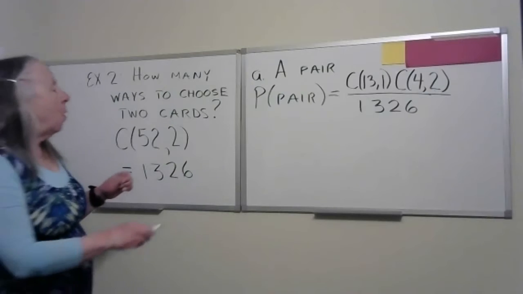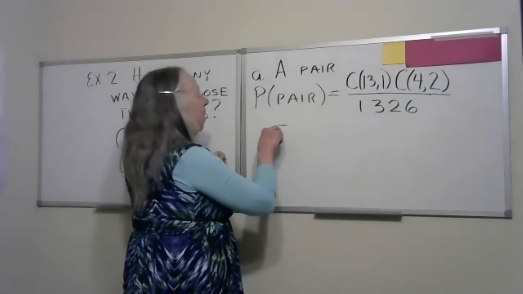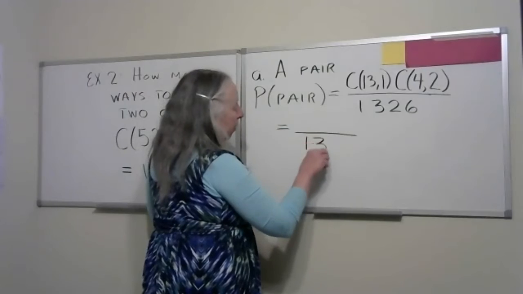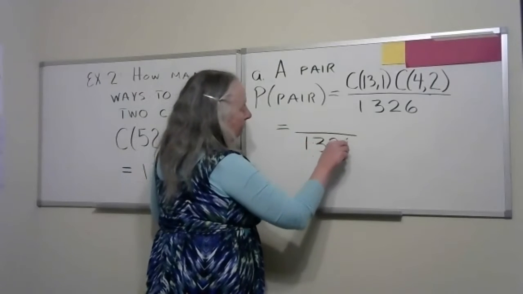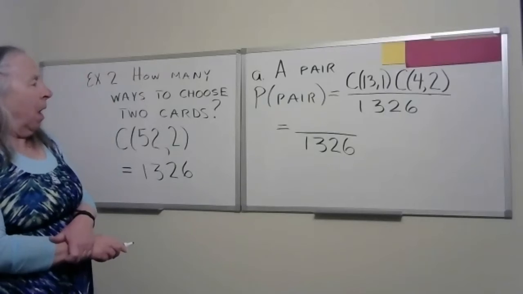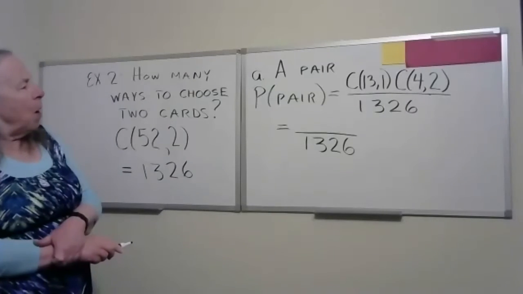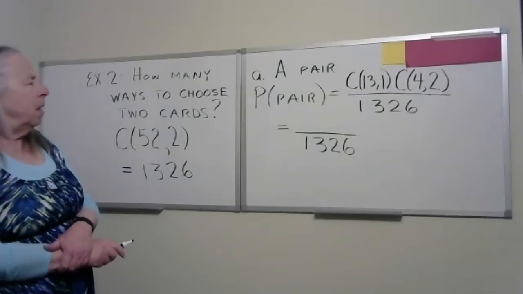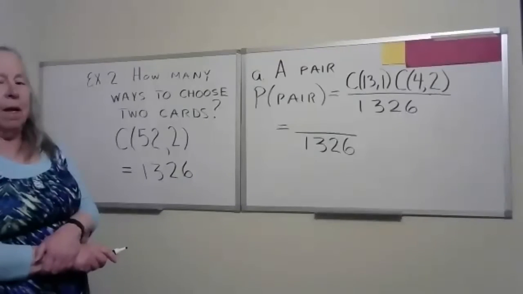Okay, so what does that give us in the numerator? Matt, did you calculate 13 choose 1 and 4 choose 2 and do the product? I'm typing it in right now.